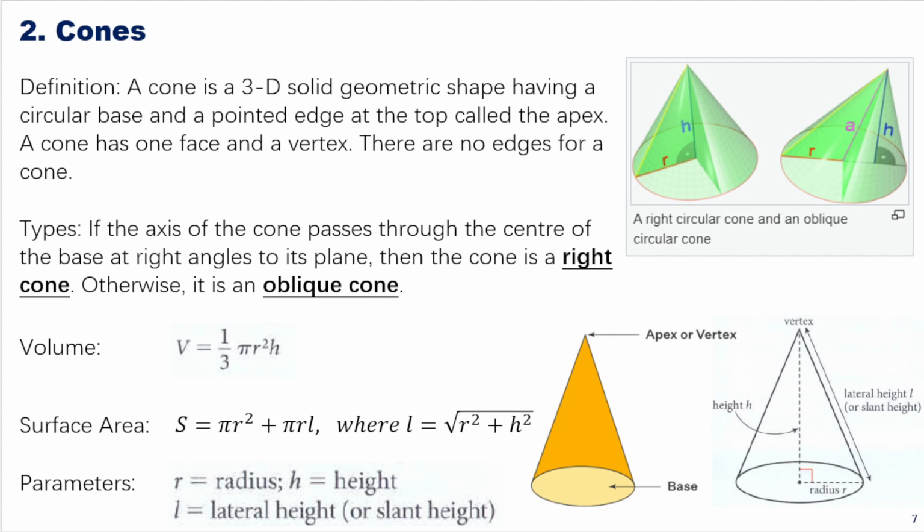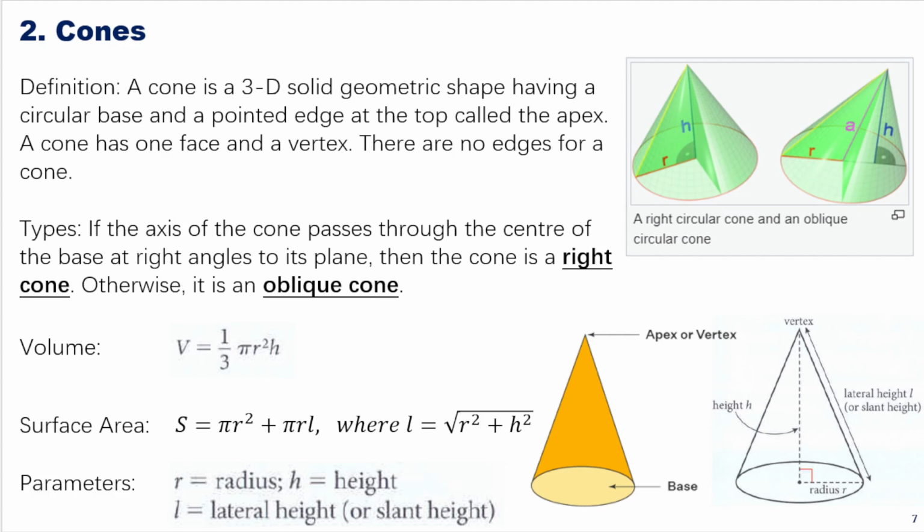The volume of a cone is given by this formula: V equals a third pi r squared h. Surface area is given by S equals pi r squared plus pi r l, where l is the square root of r squared plus h squared. r is the radius, h is the height, l is the lateral height or slant height.